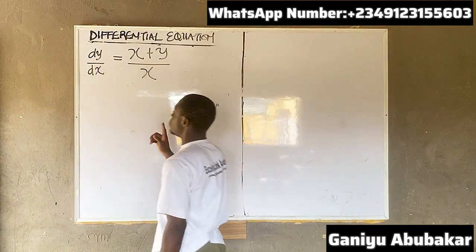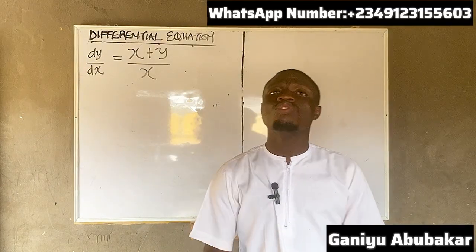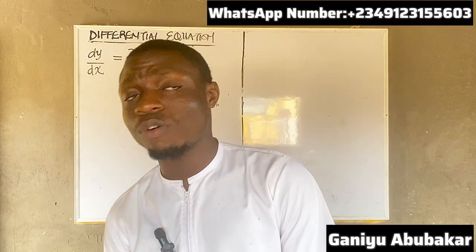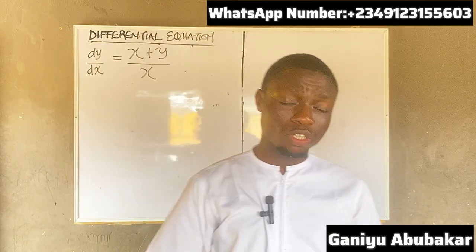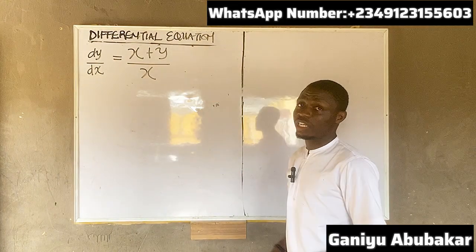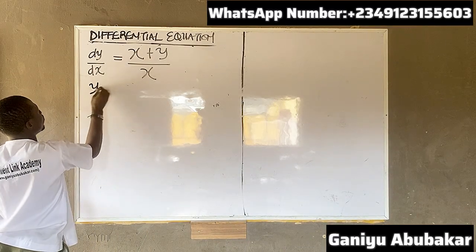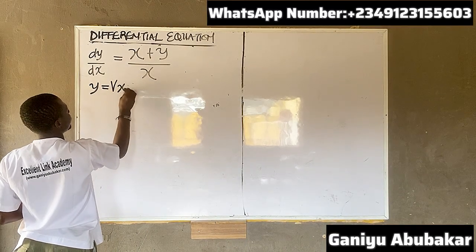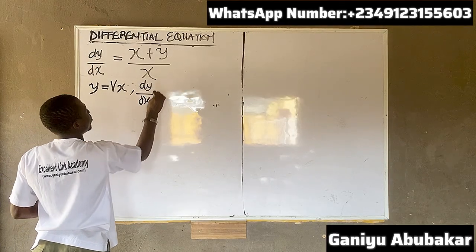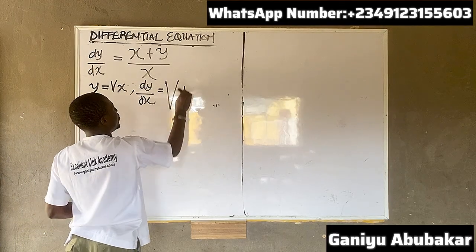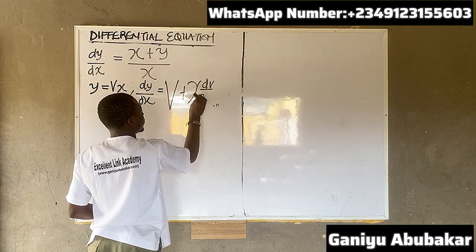Because there's a mixture of x and y, and you can't separate x and y. What should come to mind? Use the third method. Now for the third method, the first task is to make y equal to vx, and also make y over x equal to v plus x dv/dx.